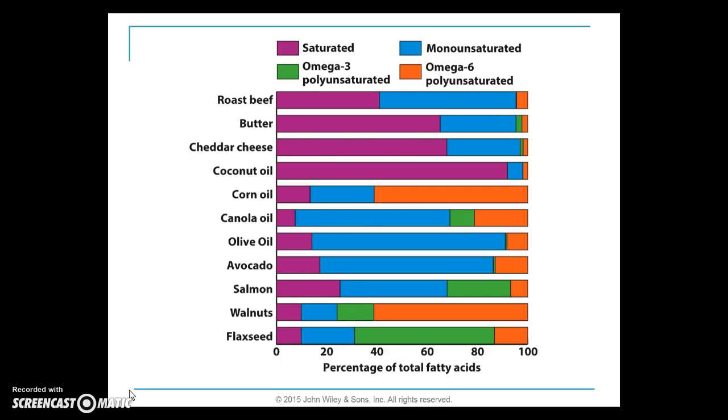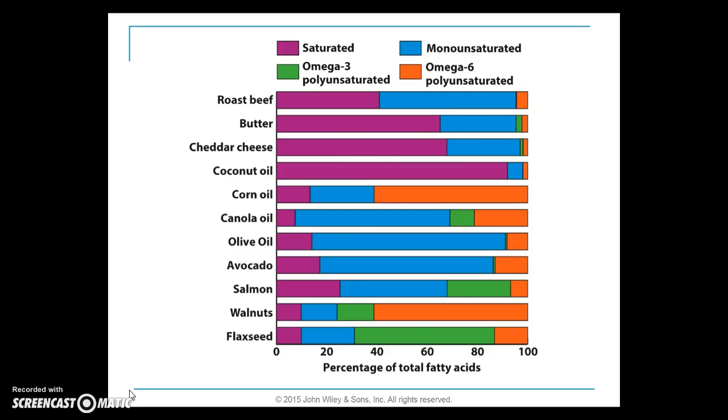The purple color is the amount of saturated fat in these different types of fats. Omega-3 is in the green, red is omega-6, and blue is unsaturated. So we see roast beef, butter, cheddar cheese, coconut oil, very high in saturated fat.